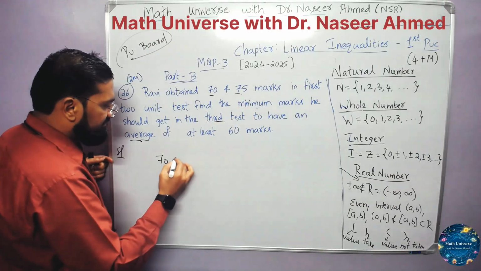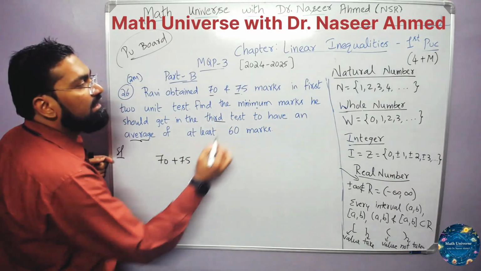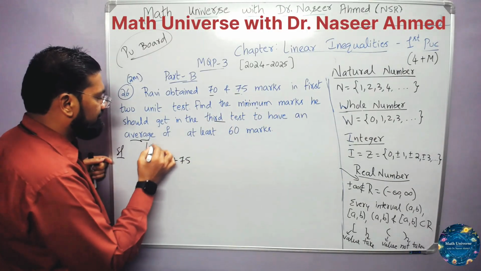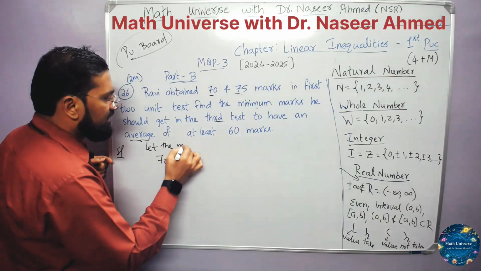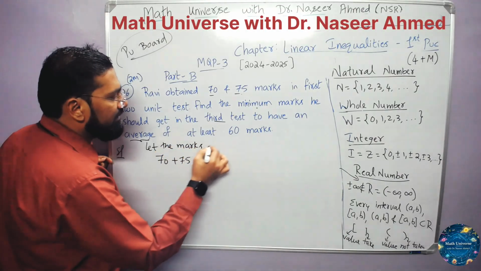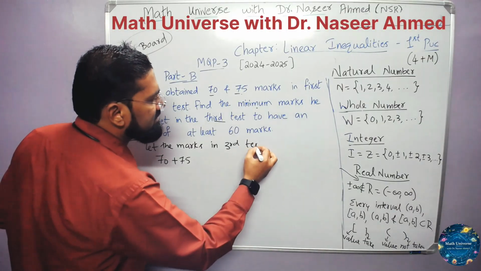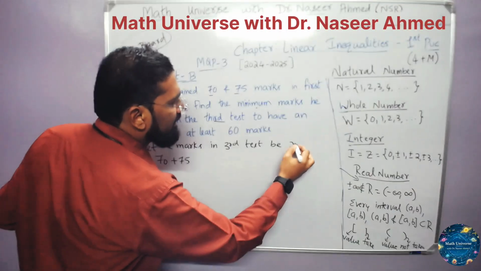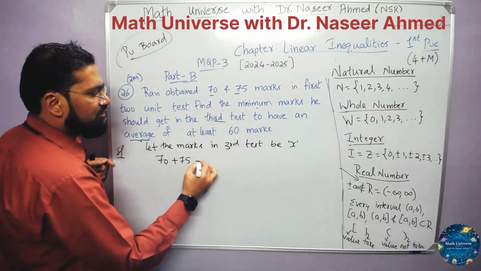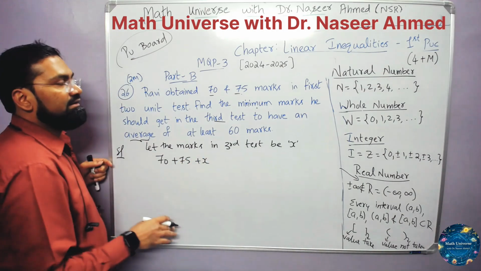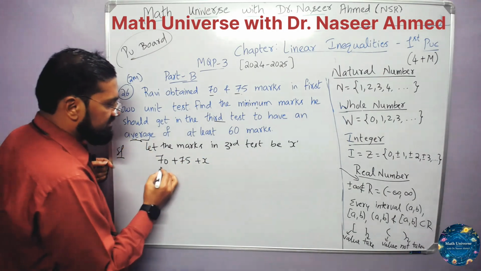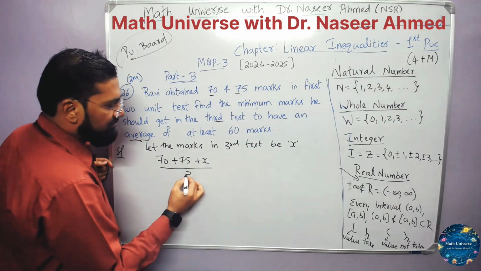Second test marks is 75. And the third we have to find. So let the marks in the third test be x. Why am I adding? They said average. Number of terms are 3, so divide by the number of terms.